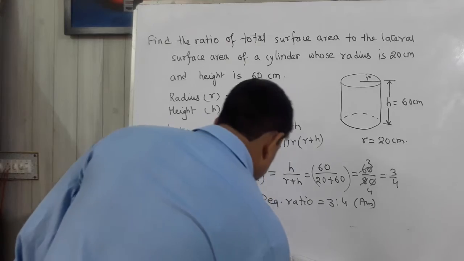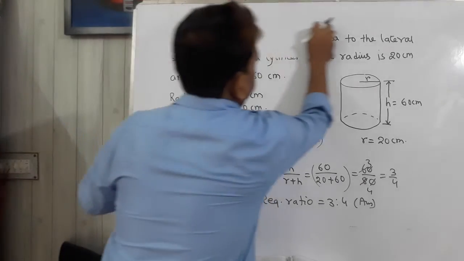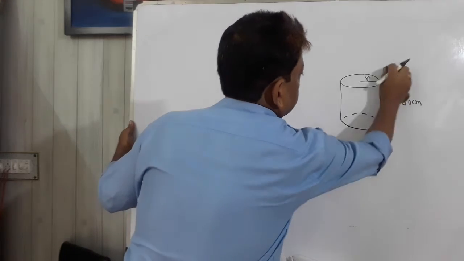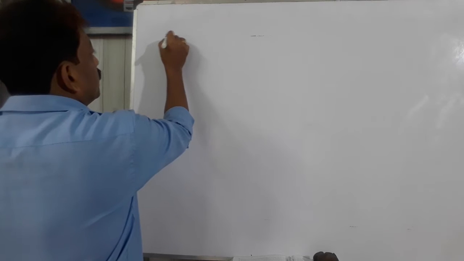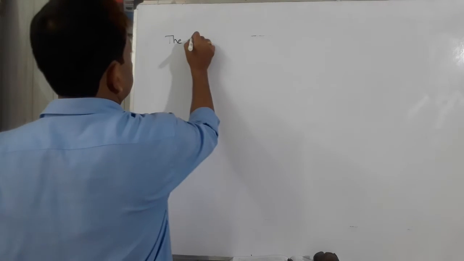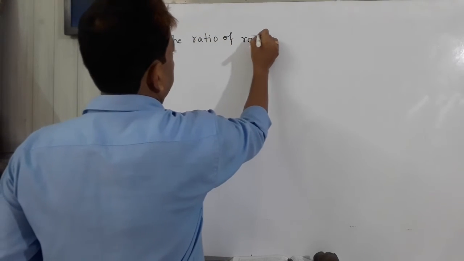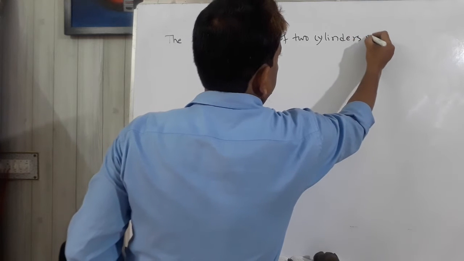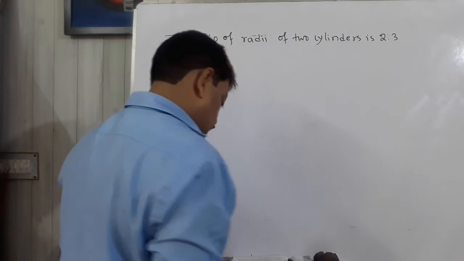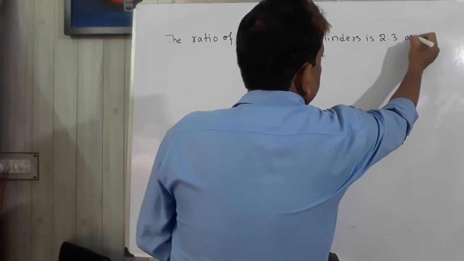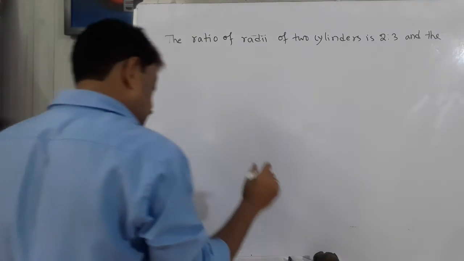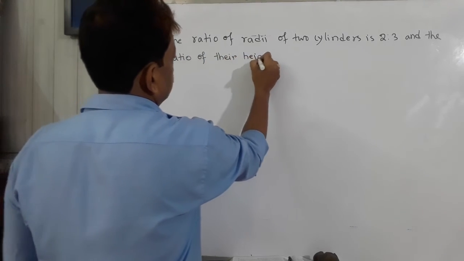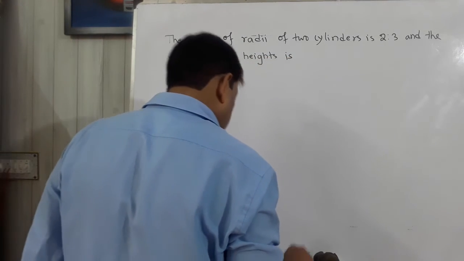The ratio of radii of two cylinders is 2:3, and the ratio of their heights is 5:3.